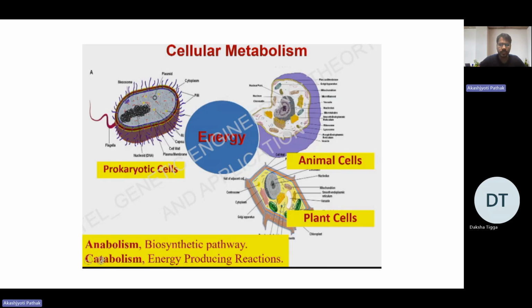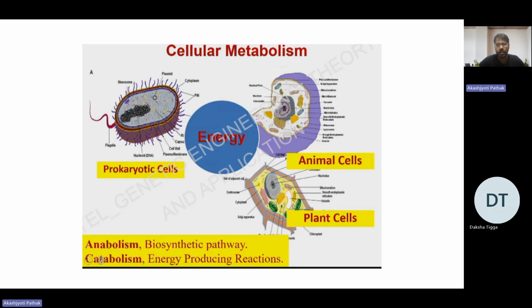There are two types of metabolic pathway: anabolism and catabolism. Anabolism is the biosynthetic pathway, where something is being formed, while catabolism is where something is getting broken down. If you want to build something, you have to put in effort, you need to spend energy.